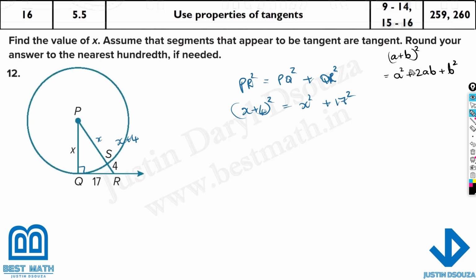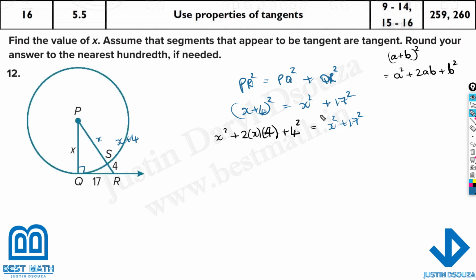This is the expansion. So now it's going to be x squared plus 2 times x multiplied by 4 plus 4 power 2. That is equal to the remaining terms, that is x squared plus 17 squared.